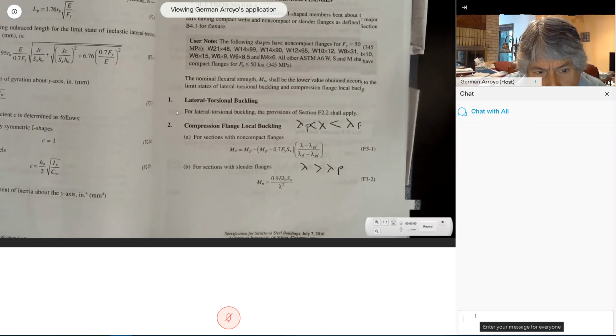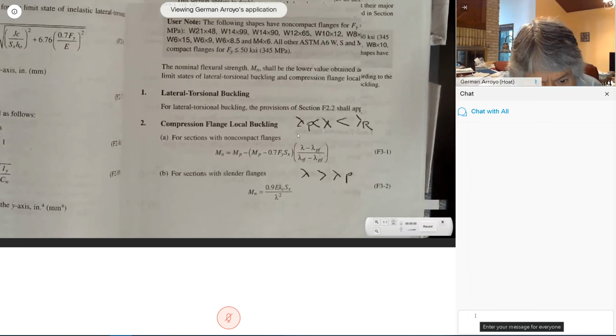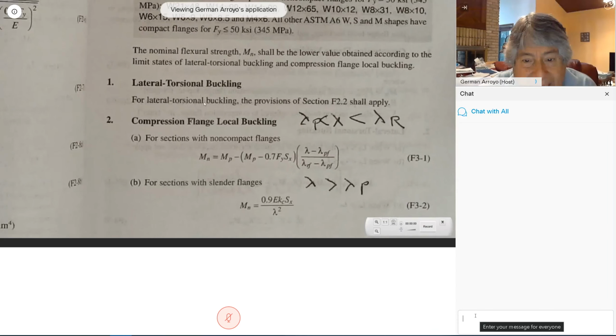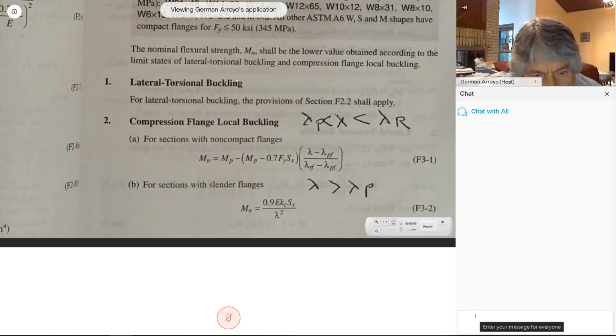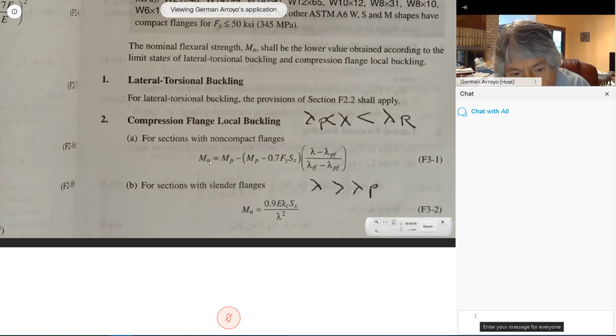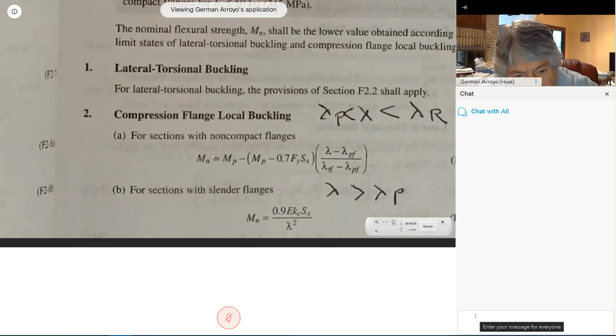In addition to using this equation, this is the equation for flange local buckling. In addition to using the equation, you have to use the previous equation. So the code requires you to check lateral torsional buckling and local buckling. The smaller of these two numbers controls your design.